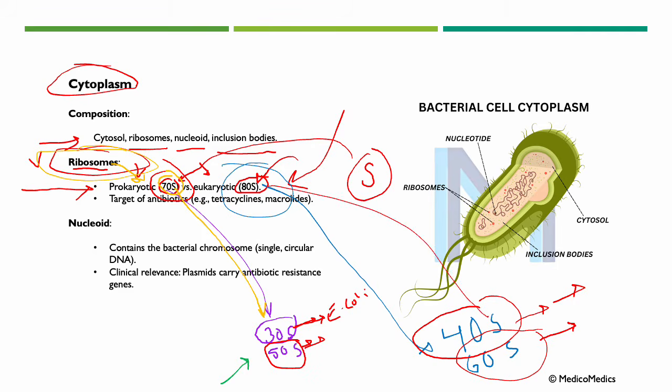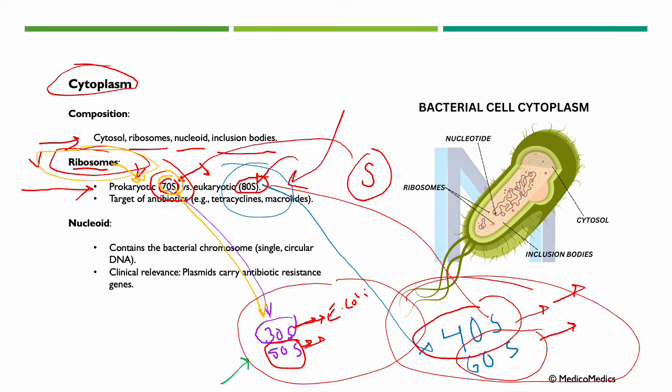The eukaryotic is what we find in humans. Prokaryotic is in bacteria.